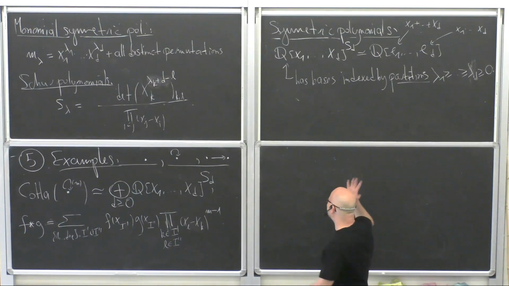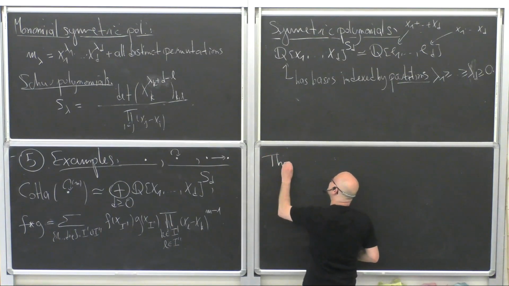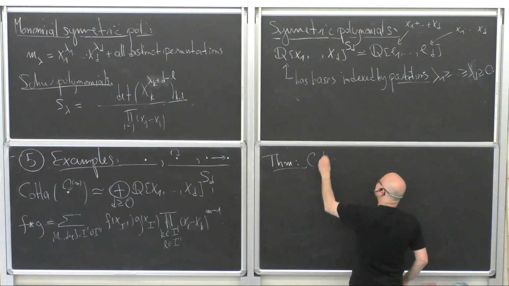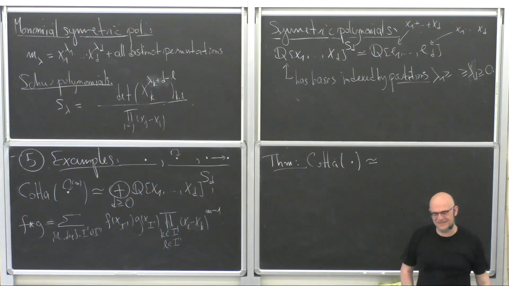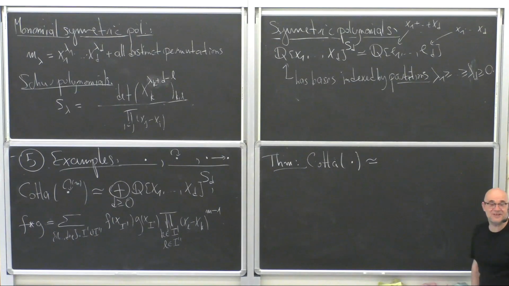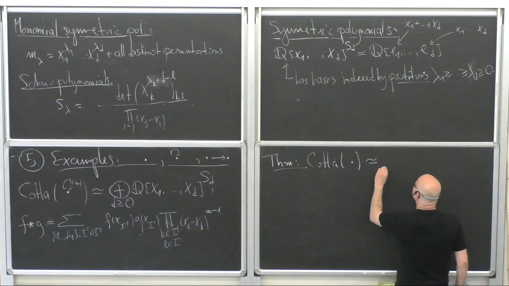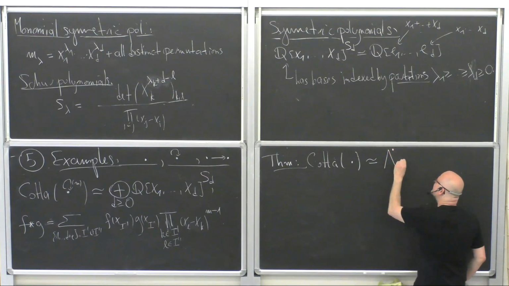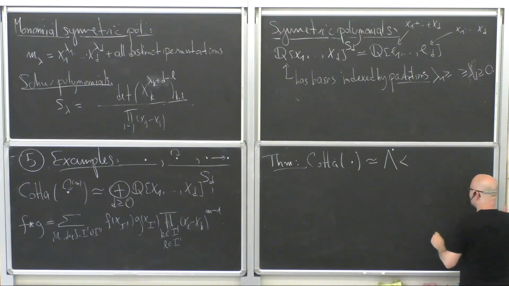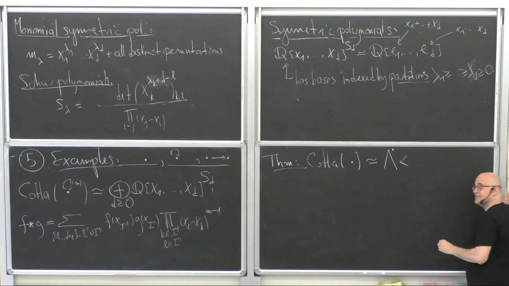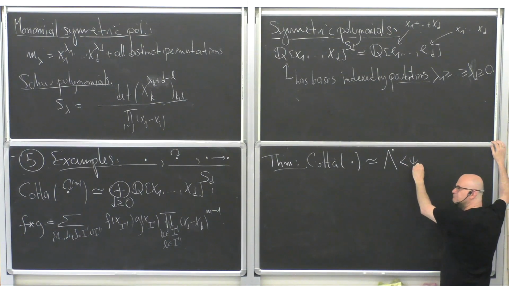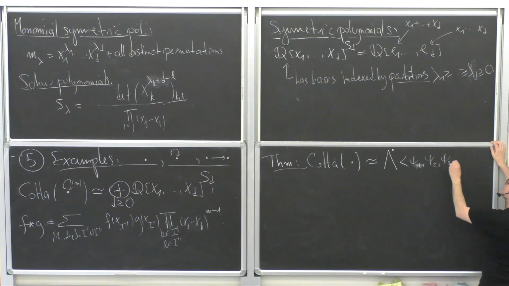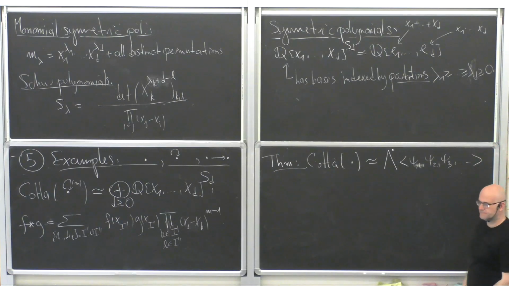All right. Okay, so theorem. The Coha of the trivial quiver is isomorphic to an exterior algebra in a vector space with infinitely many generators psi 1, psi 2, psi 3, and so on.